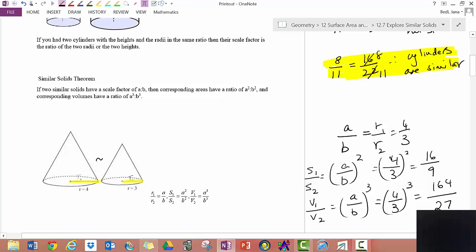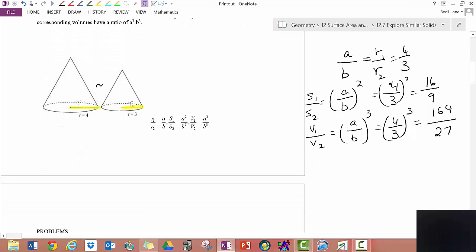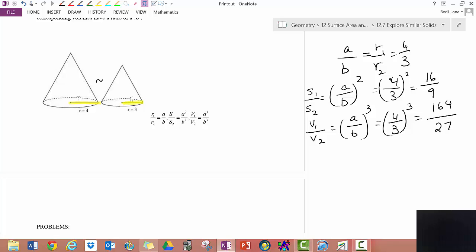And this is useful if you were given the volume of one of the solids and you needed to find the volume of the other one. So you would just plug in all the variables that you know, and solve for whichever volume you didn't know.